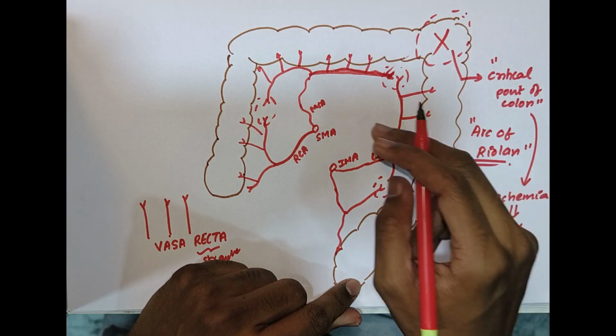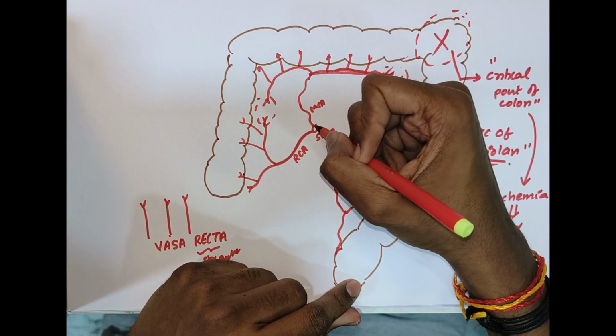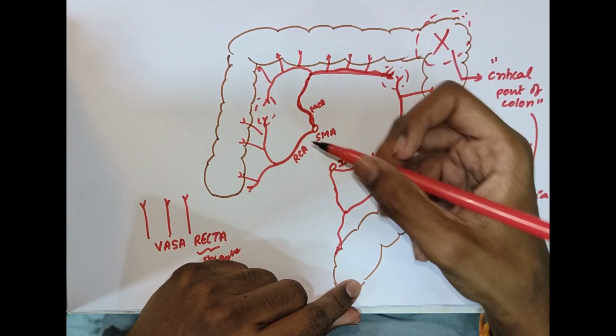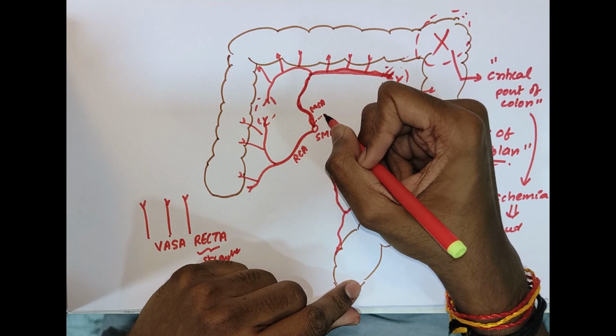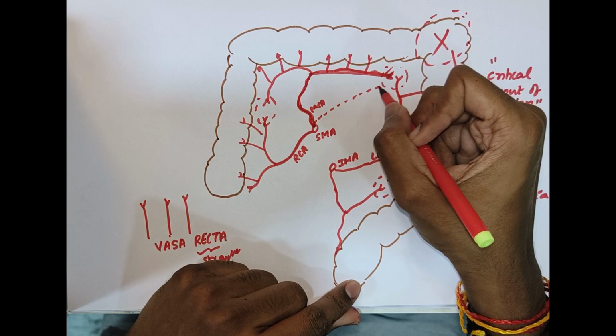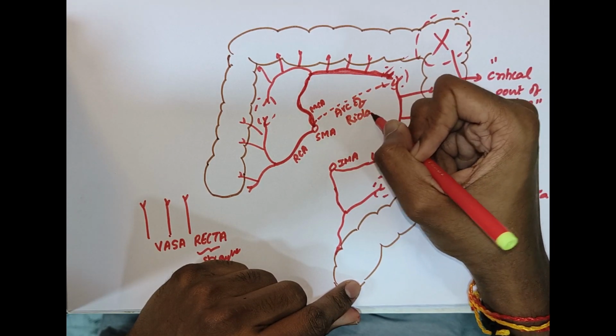So in order to avoid this, there is a direct connection between the main trunk of the middle colic artery, like this is the main trunk, and the ascending branch of the left colic artery. This is what is called the arc of Riolan.